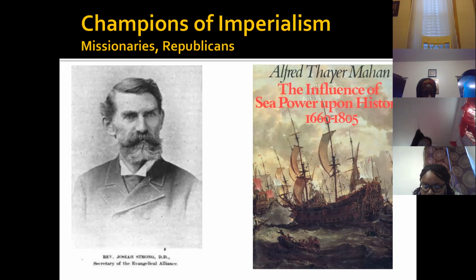The second major group that supported imperialism are the Republicans. They wanted to spread west because they saw it as an economic opportunity. So again, Republicans wanted to spread for economic opportunity.